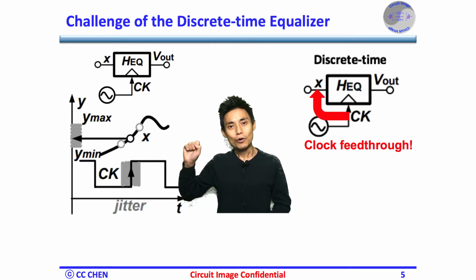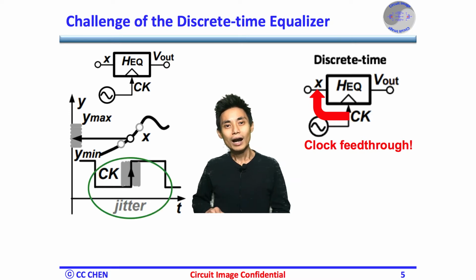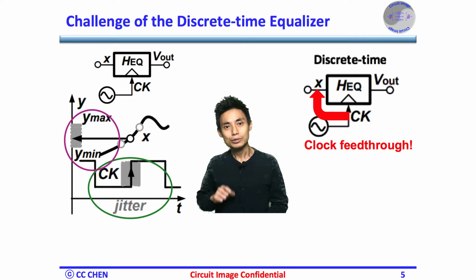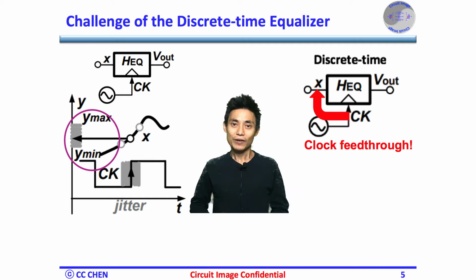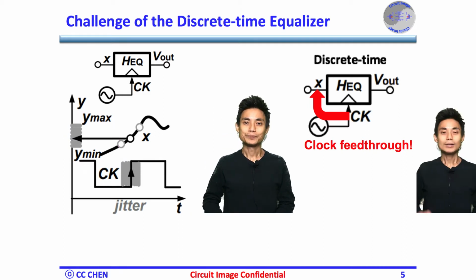As mentioned before, the discrete time equalizer must require the clock, and that's the challenge with the sample and hold sampling events. First of all, the clock structure is quite important to make the sampled voltage accurate enough such that the equalizer can be effective without extra distortion.